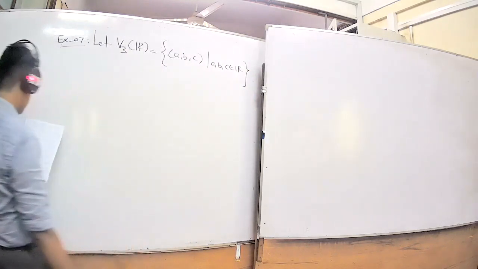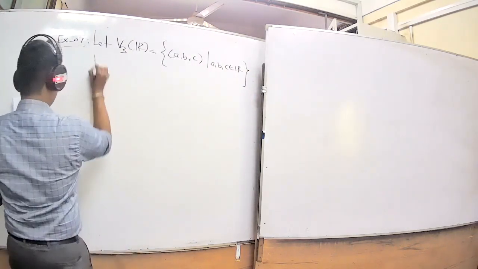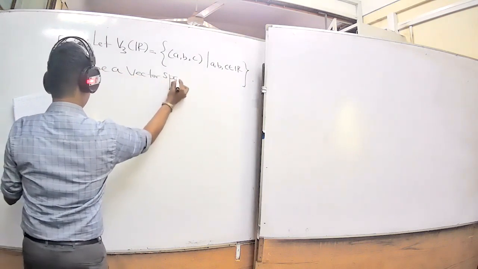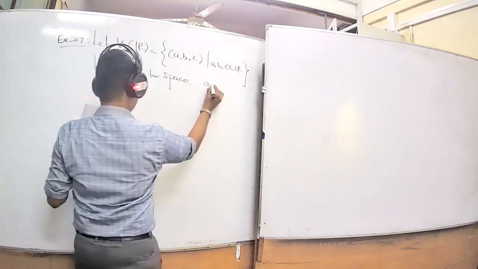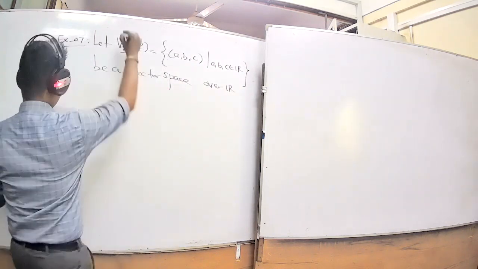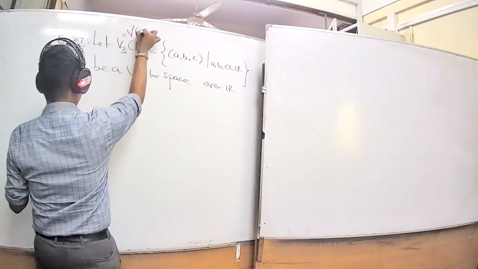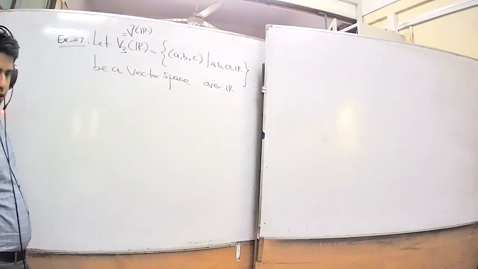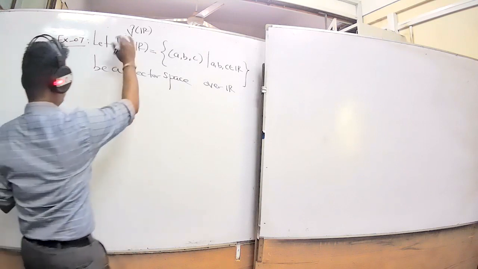We have a vector space over reals. In the previous example we did it like this one, right? Both are the same, okay? Don't need to worry, it's a notation.